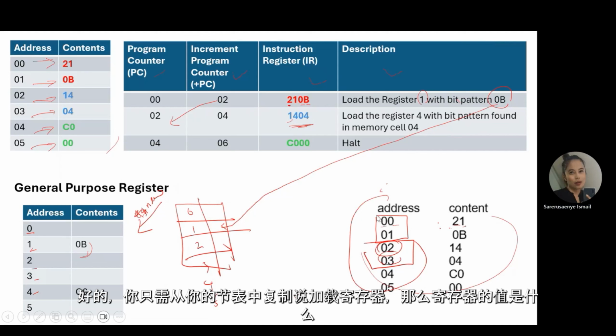You just copy from your description table, say load register.